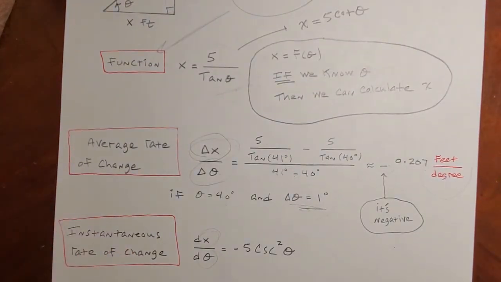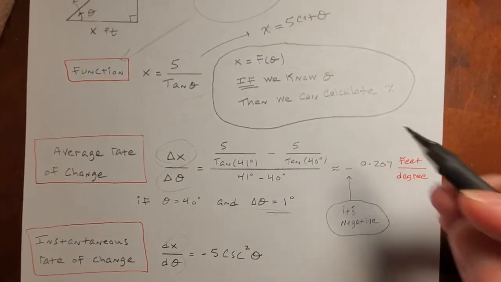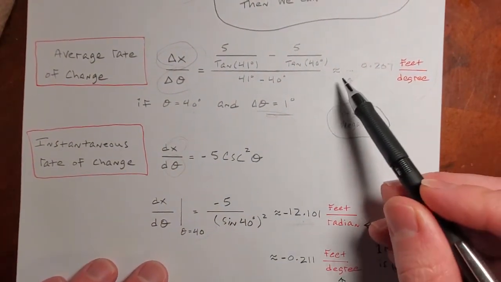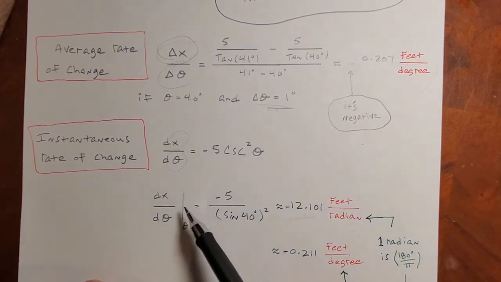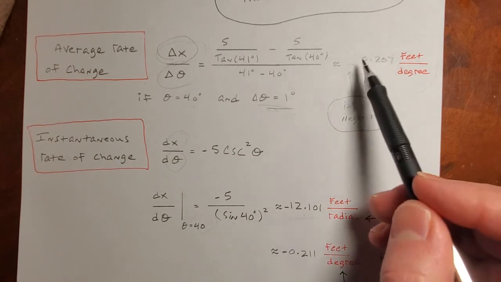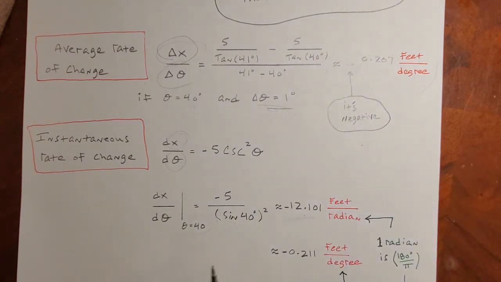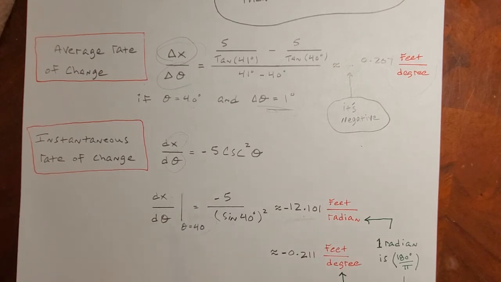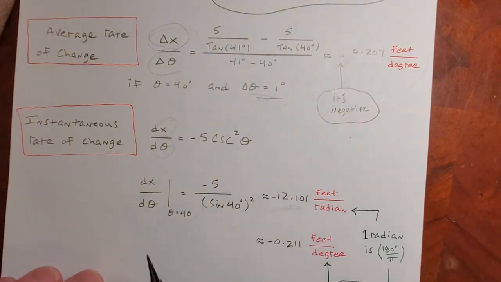Just think about it like that for a second. Because if the derivative and the average rate of change are negative, it means these variables are changing in opposite directions. If theta gets bigger, x gets smaller. If x gets bigger, theta gets smaller, and so on. So that's why it's negative. It is true that if theta got bigger, x would have to get smaller.